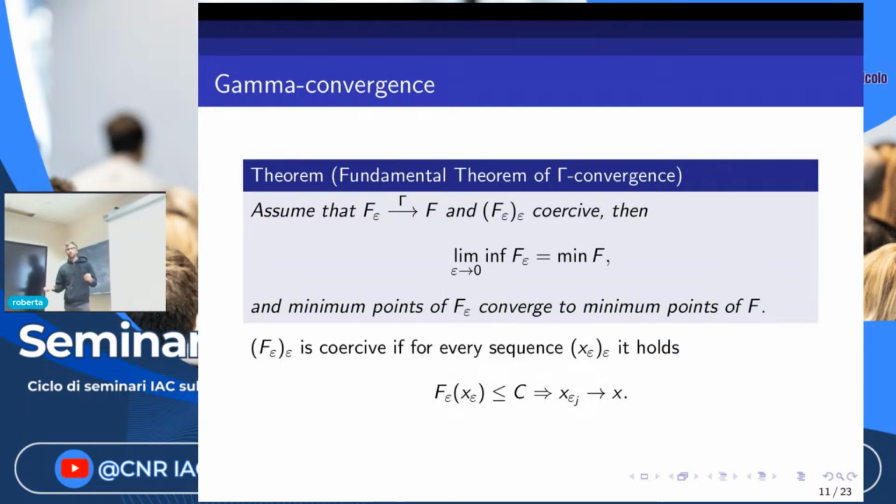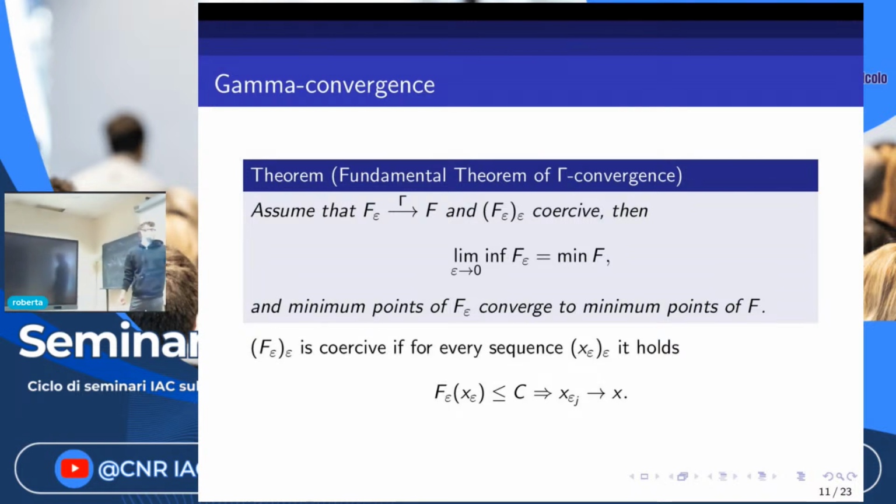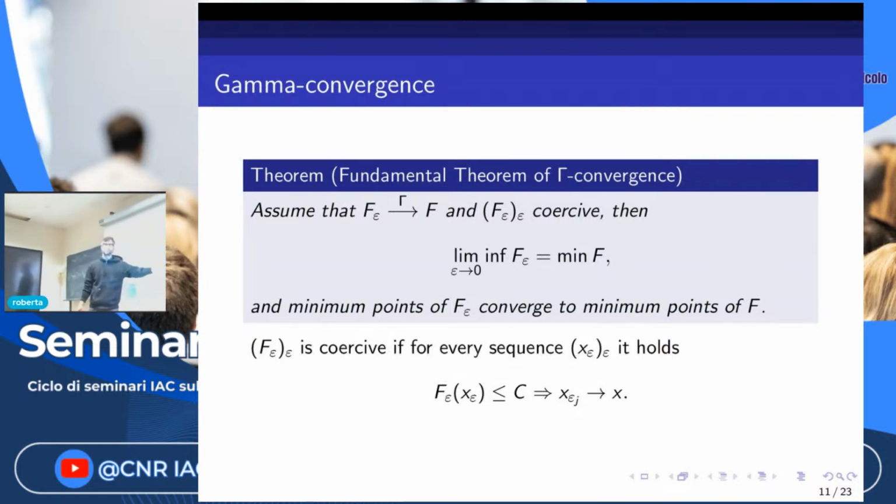If you like the approximating problem better, because you don't understand precisely what the limiting functional is, you work with the approximating problem, and vice versa. Maybe you have an approximating problem you don't know how to compute, but luckily you can compute the gamma limit, so you work with the gamma limit, when minima are what you're interested in.